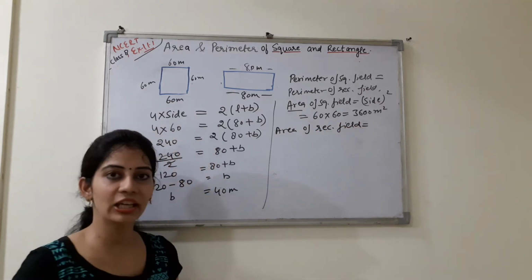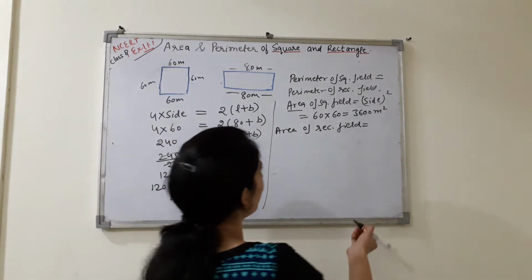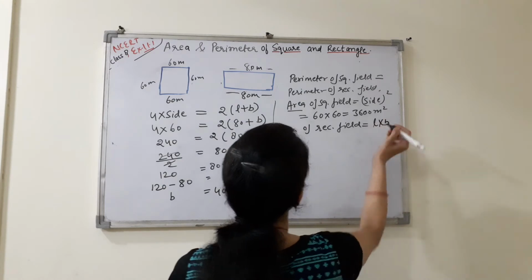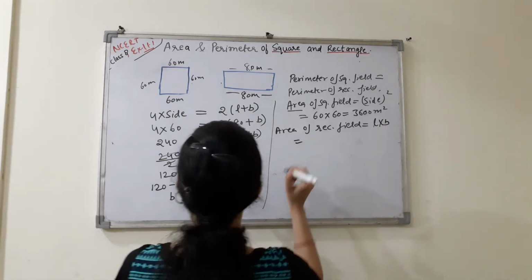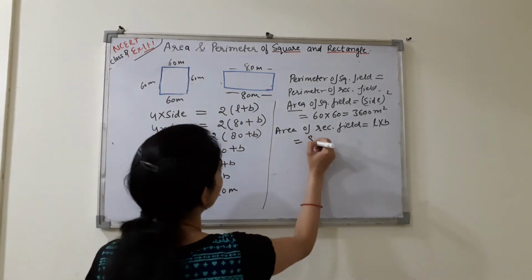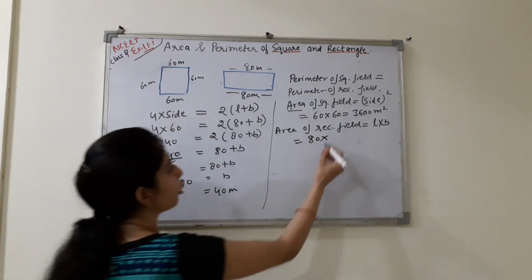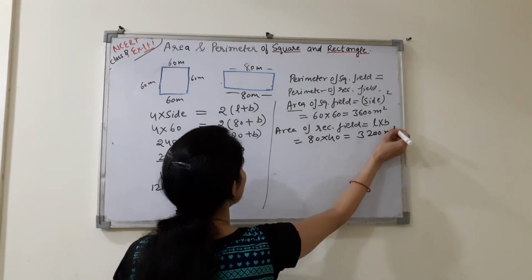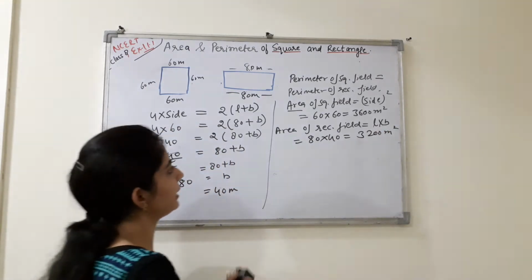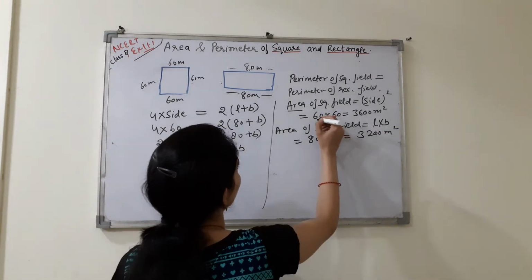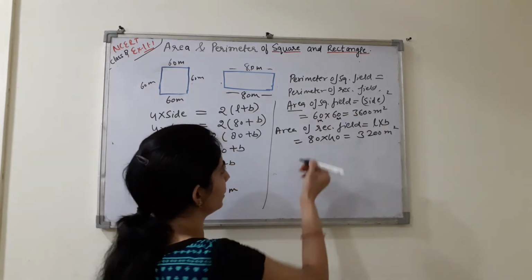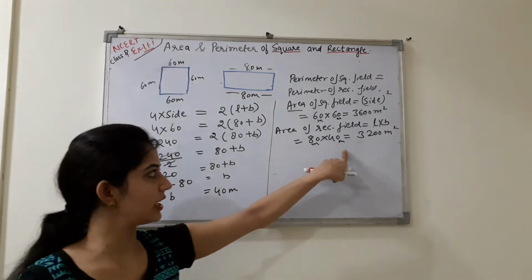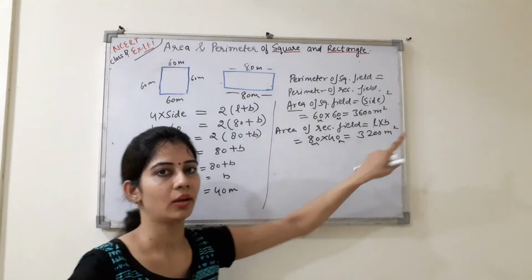So what is the area of a rectangle? Area of a rectangle is length into breadth, right? So the length is 80 and the breadth you have is 40. So this is your 3200 meter square, right? You can simply put the units, meter and meter, so it will be meter square, right?